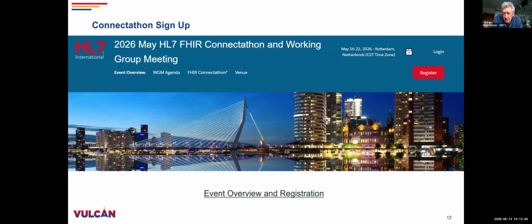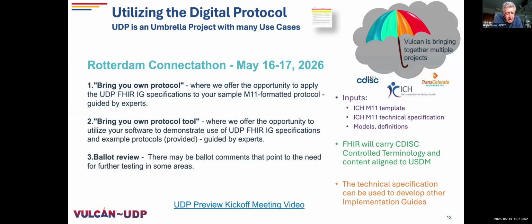UDP is going through the process of checking the implementation guide against the content that we've actually got in examples. We're particularly keen that people bring their own protocol. We had some real success last time in getting a Japanese protocol and being able to push that through.